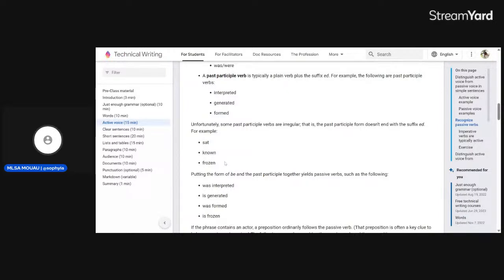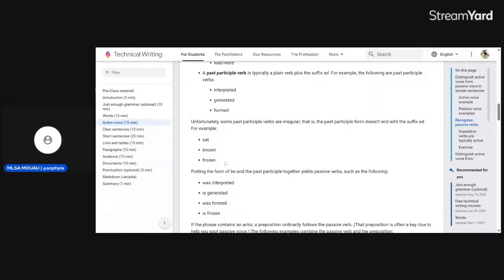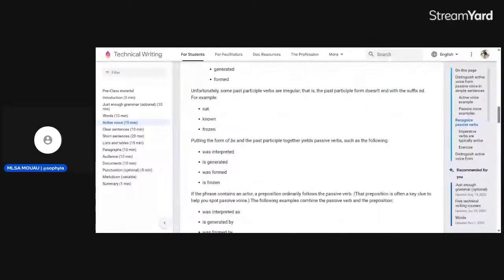So putting the form of be and the past participle together would be something like was interpreted or was generated. That is just a poor passive verb, and you should try as much as possible to avoid that.